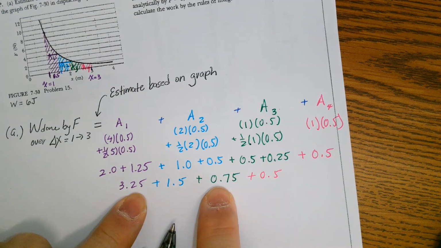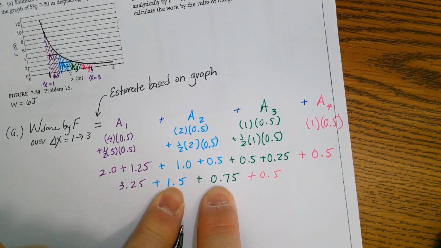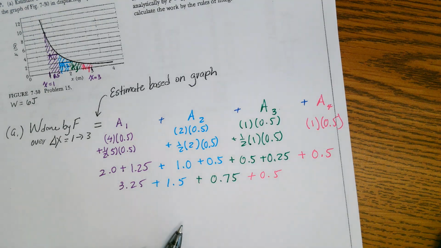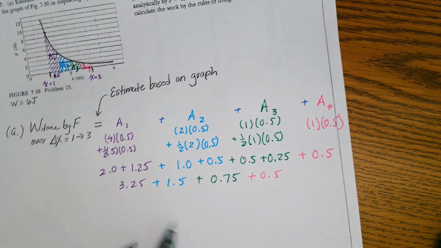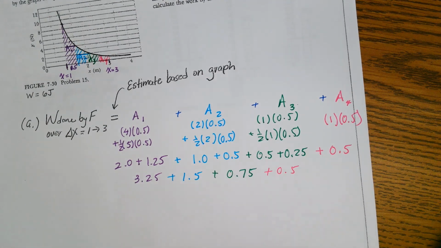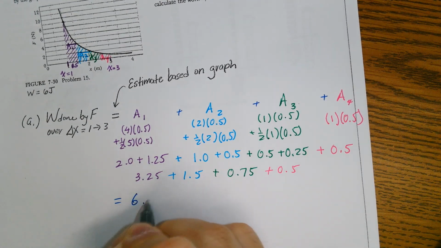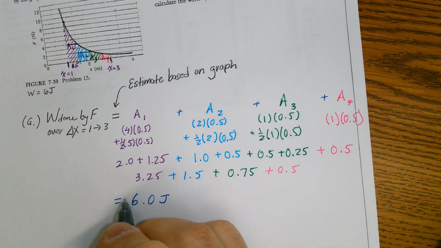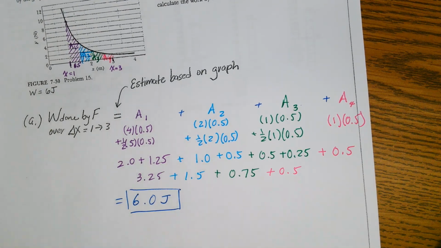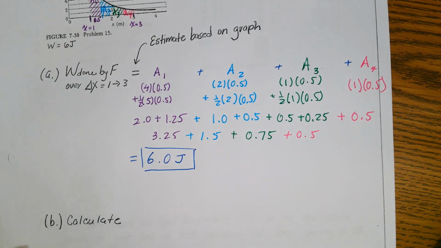So this here is 4, 5.5, well, 6. I'm just so awesome, right? What an estimate.